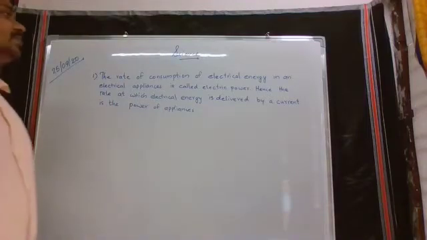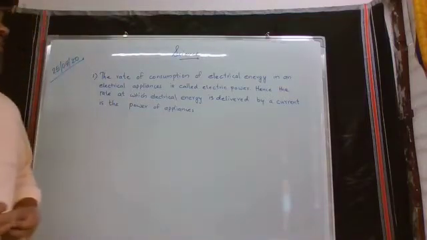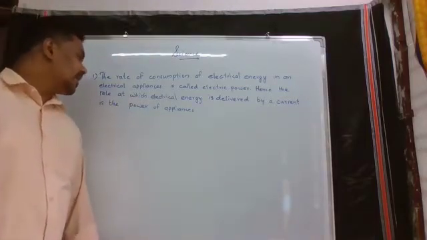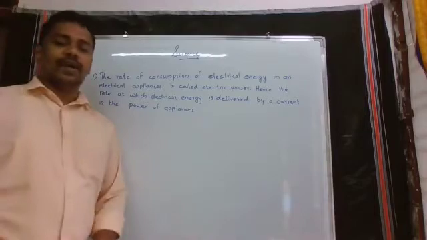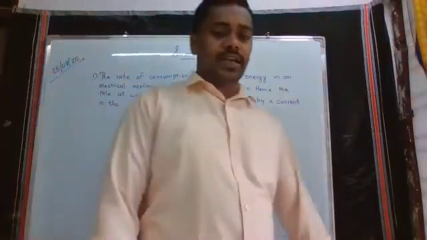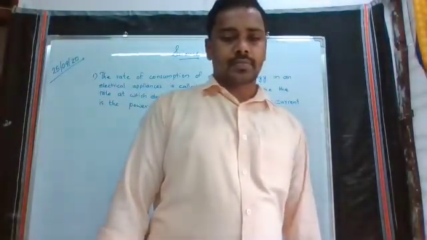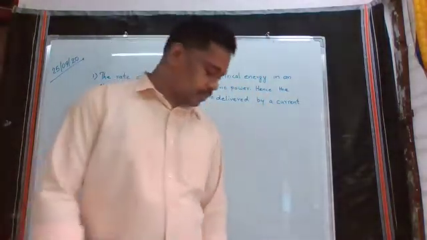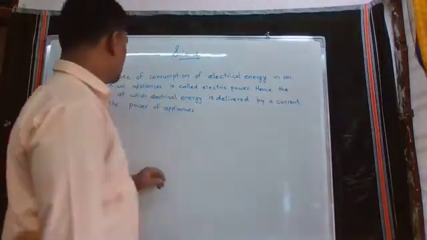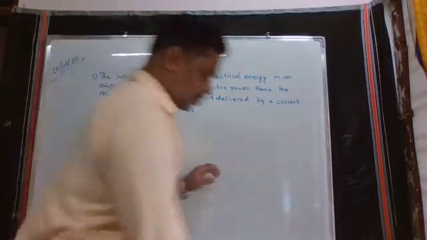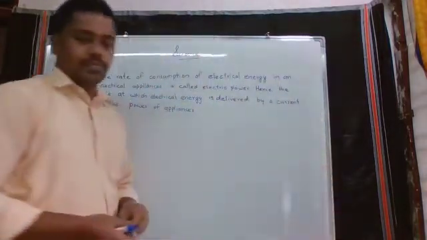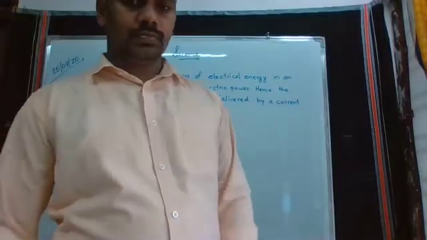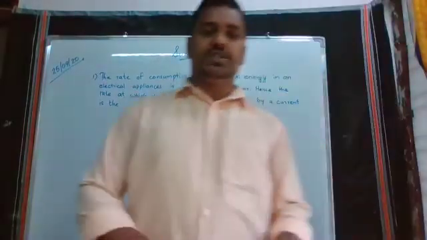The rate of consumption of electrical energy in an electrical appliance is called electric power. Hence, the rate at which electrical energy is delivered by a current is the power of appliances. Is it clear? So what is the next question?